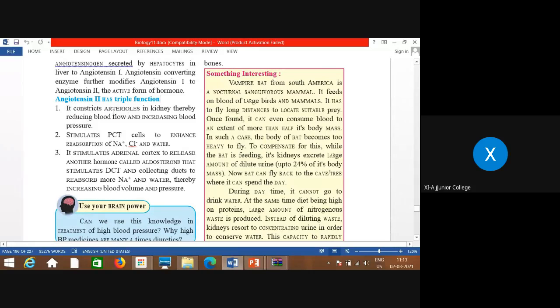How it acts, you will not understand this part right now, but I will show again with the help of slides how it takes place. Just remember that the JGA releases renin, which converts angiotensinogen into angiotensin 1. That angiotensinogen is secreted by hepatocytes in the liver.